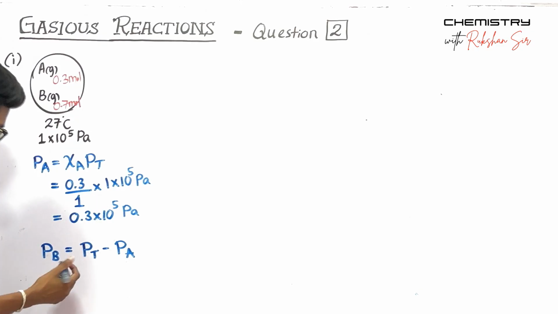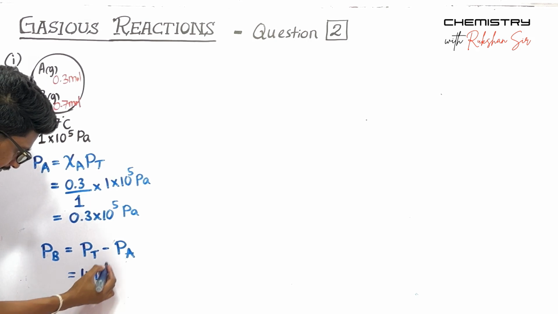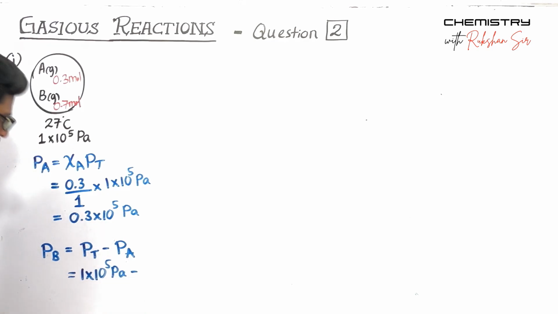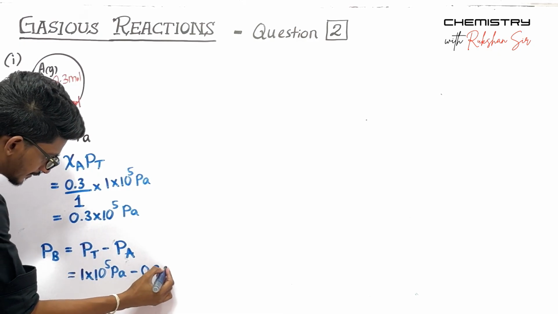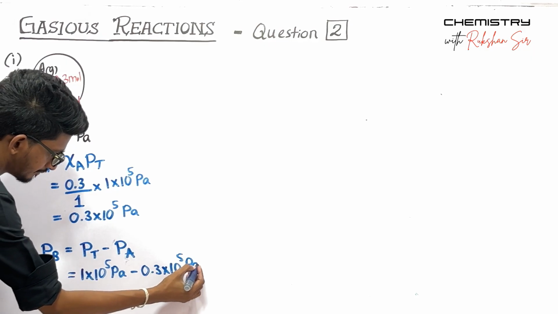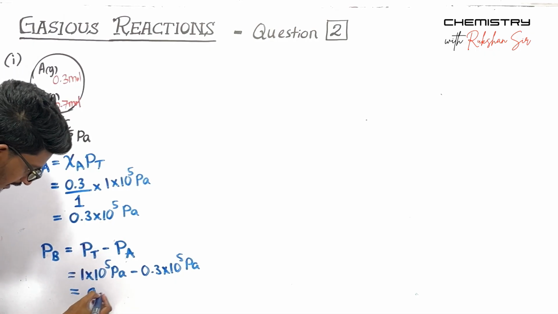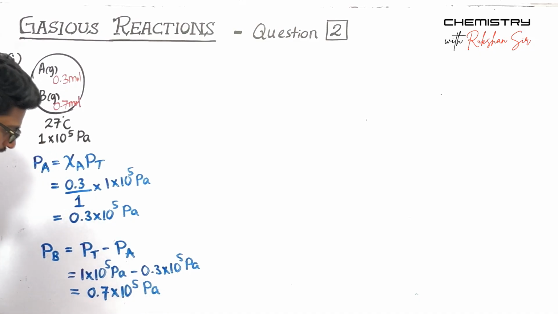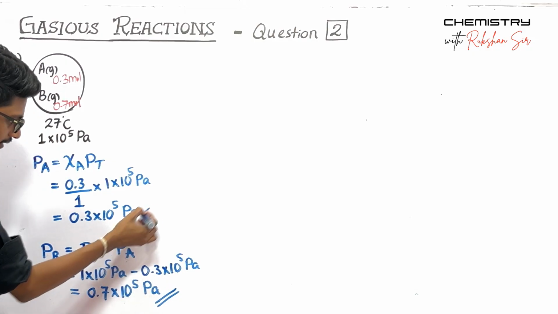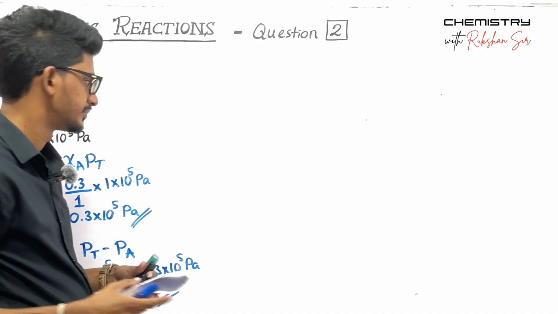P total is given as 1 into 10 power 5 pascals, and PA we have found is 0.3 into 10 power 5 pascals. So the number will be 0.7 into 10 power 5 pascals. That is for PB. So these are the answers for problem number 1. That is very easy.